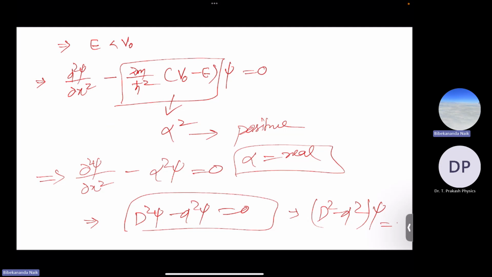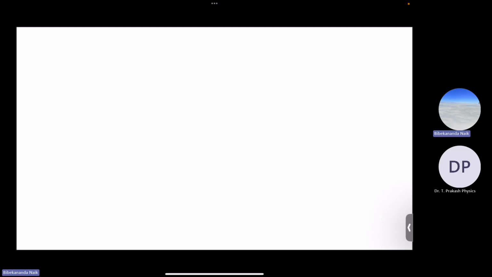So what is the solution for this type of differential equation?